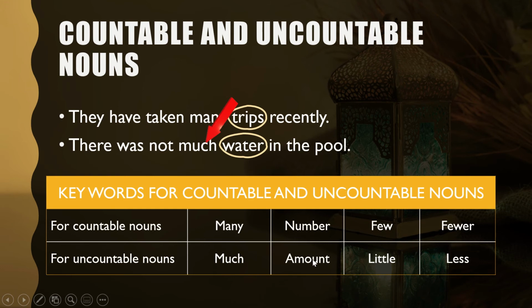The amount of sand, sejumlah pasir misalnya. And the next, few and little also have the same meaning, means sedikit, and fewer and less means lebih sedikit. They have the same meaning, but you cannot change uncountable nouns with many and so on.